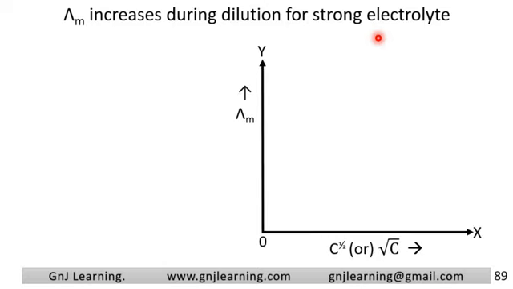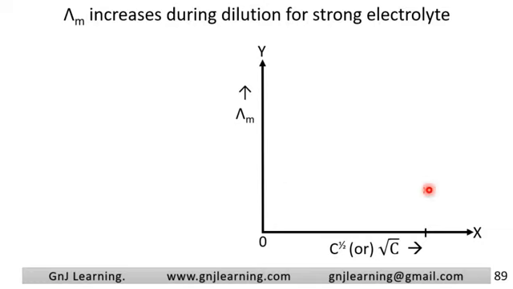I am plotting a graph in which the root of C, or you can say C raised to half, whichever the concentration, I am taking the root of that concentration value on the x-axis and lambda m on the y-axis, and I am trying to dilute the solution. Initially I have a very high concentration, and at this particular concentration I check the molar conductivity, which corresponds to the y-axis.